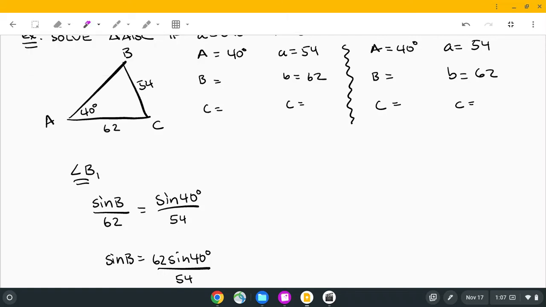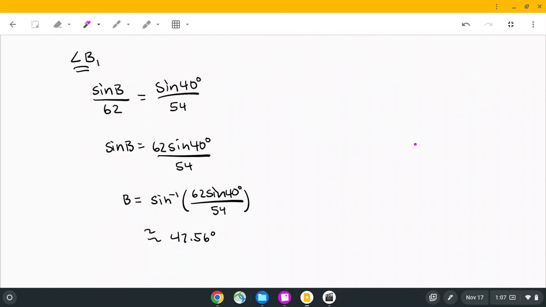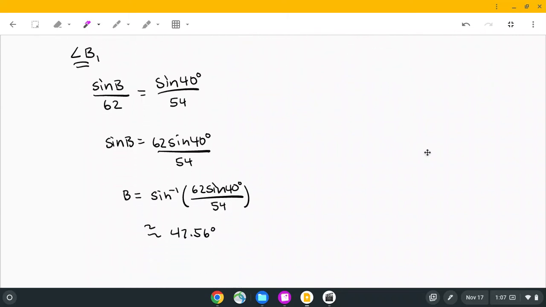Okay, so now we can find the other one by subtracting this one from 180. So angle B2, we check to see if it's possible, right? So we do 180 degrees minus 48 degrees, and what we get here is 132 degrees.